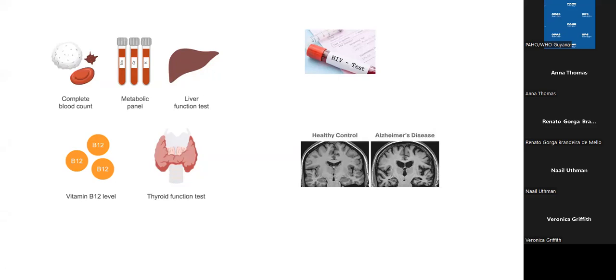So if you have access to a brain image, you will ask this exam just to rule out some other conditions, not to confirm Alzheimer's disease.